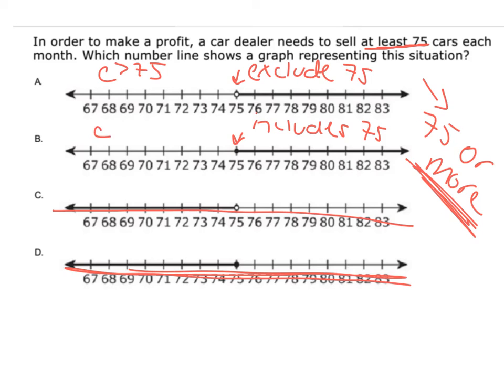B is saying that the car sales would be greater than or equal to 75. So if it says at least 75, then that means we are okay with selling 75 cars. We might be happier, of course, if we sold more than that, but we are still going to be okay if we sell exactly 75 cars. So that would leave us with answer choice B as the correct answer because it does include 75.